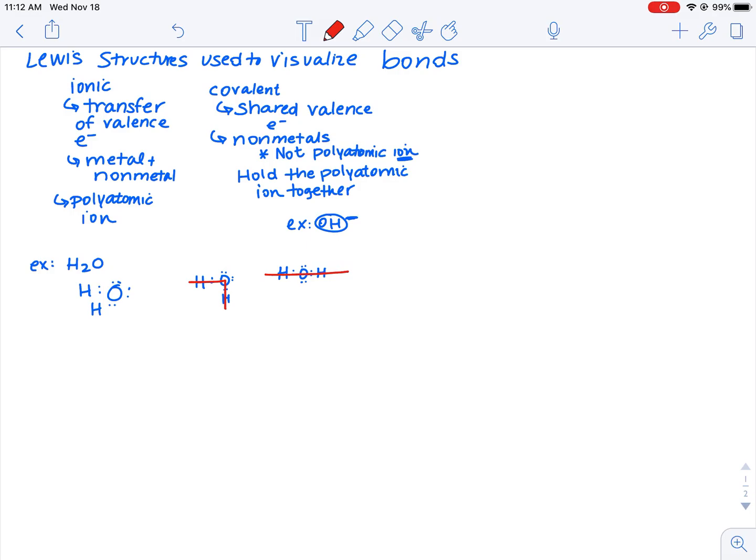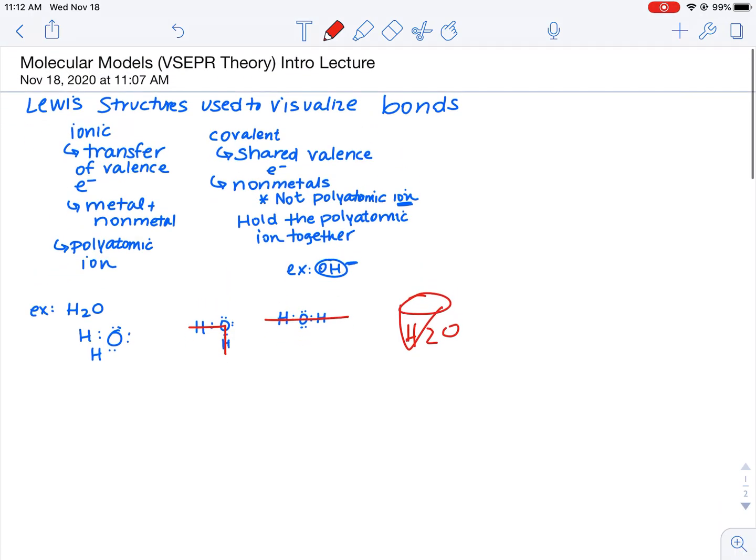If I have a glass of water, those water molecules should all be identical. They should either all be lined up in a line, or they should all be at a 90-degree angle. Well, in reality, yes, they are all identical, and no, they don't line up in a 180-degree angle, nor do they line up in a 90-degree angle. And that's what the purpose of today's theory is.